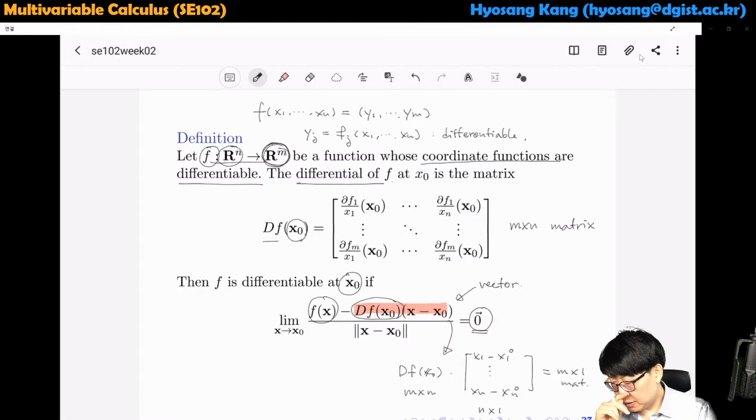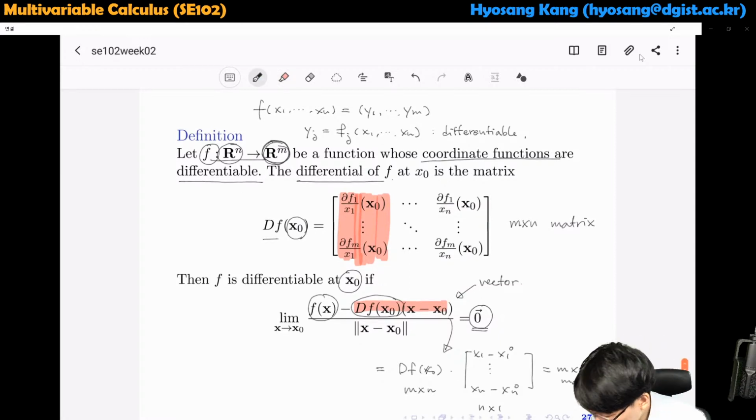So you see, these are actual generalizations of the gradient vectors, because if you think about this differential, look at these columns. So let's take the first column here. Well, what we have is we are taking apart.